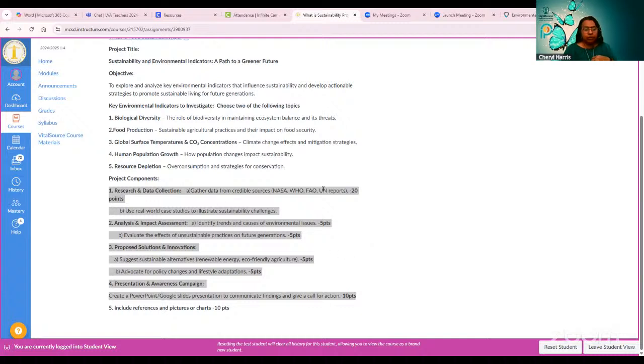Note that the first one is the bulk of the project. These other ones actually can be a picture that you just explain. Except for advocate for policy, where you actually have to give an opinion on what you will do. They call that a call to action. What should we do?